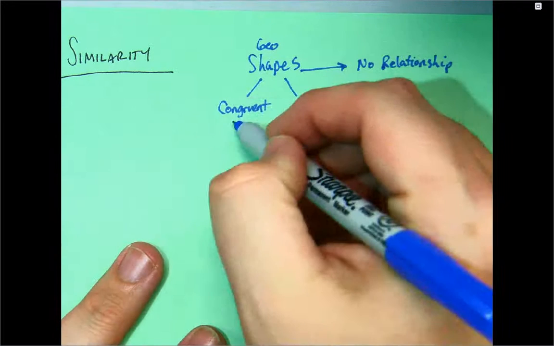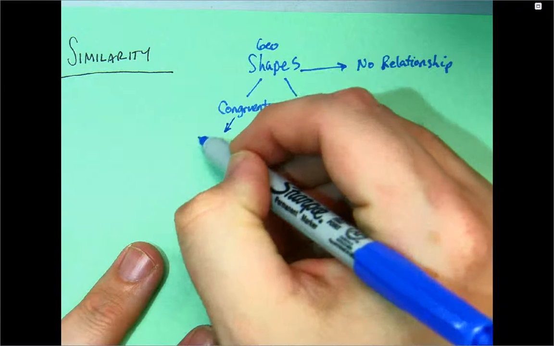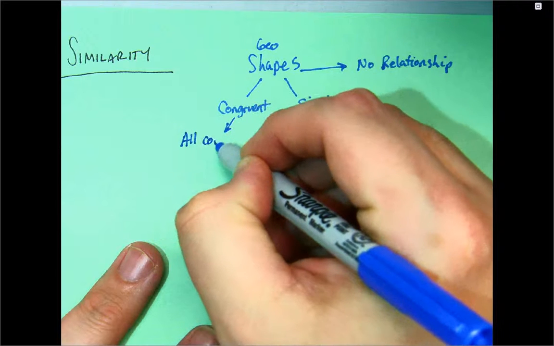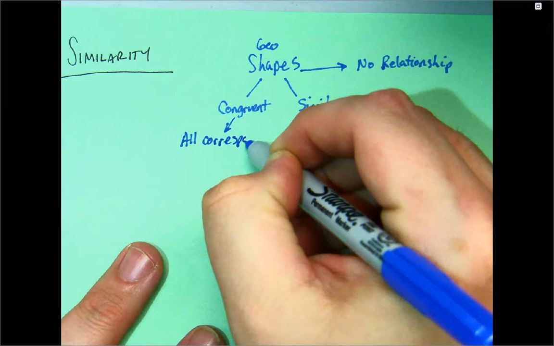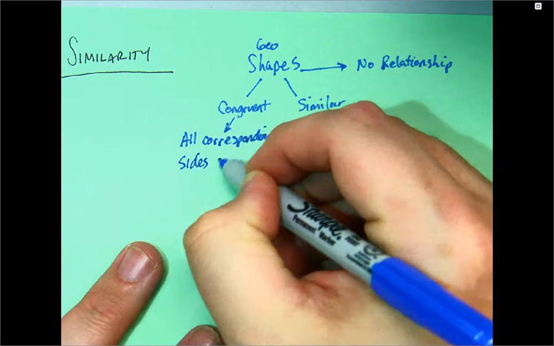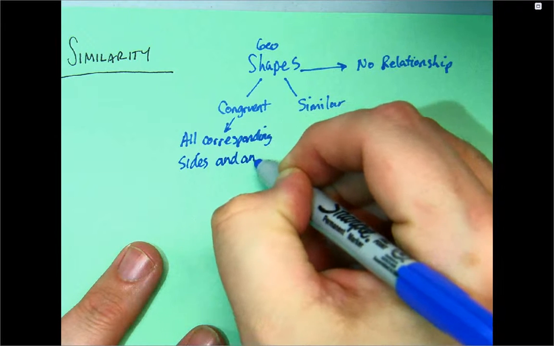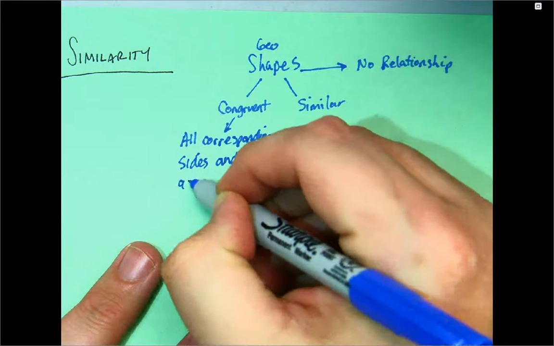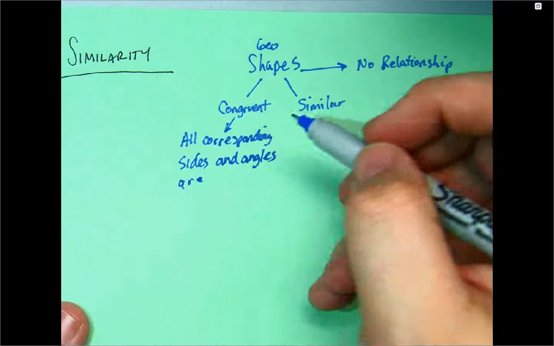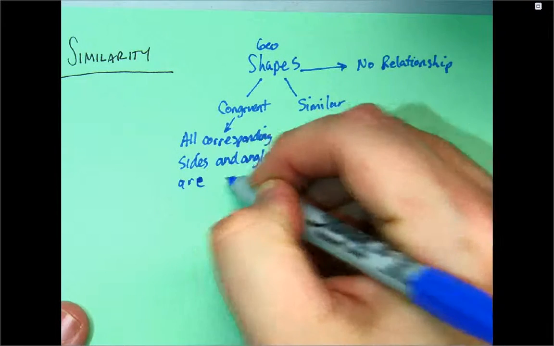Now, congruent says that all corresponding sides and angles are congruent.